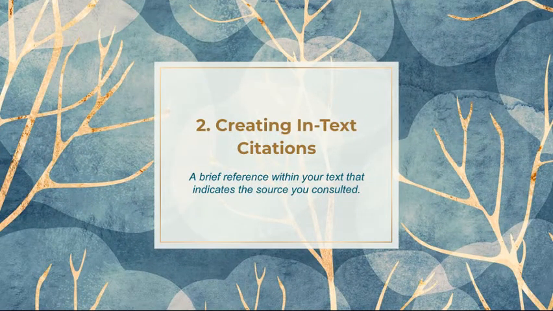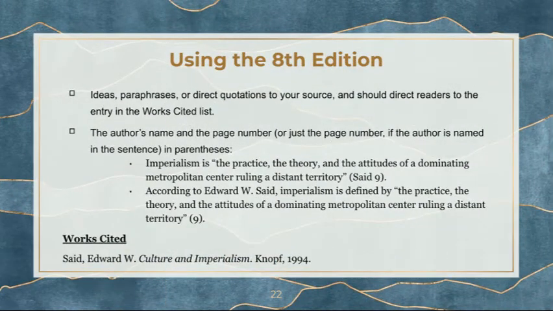Now, the next step after you have located your particular sources for your writing, you will then be creating your in-text citation. This will be a brief reference within your text that indicates the source you had consulted. There are a variety of editions when using MLA, but the most current and up to date is the 8th edition.